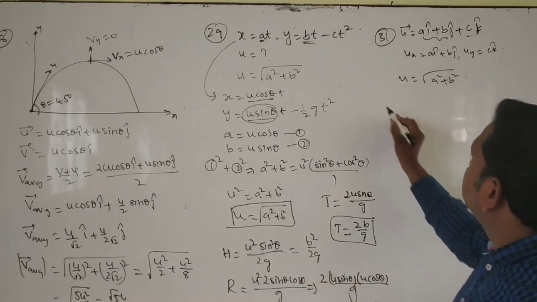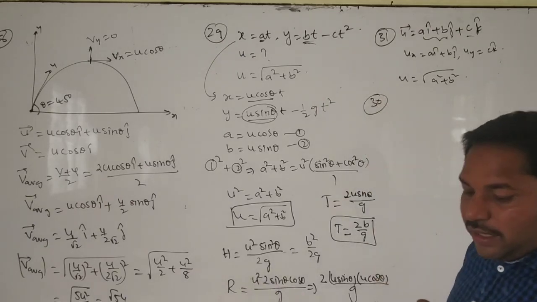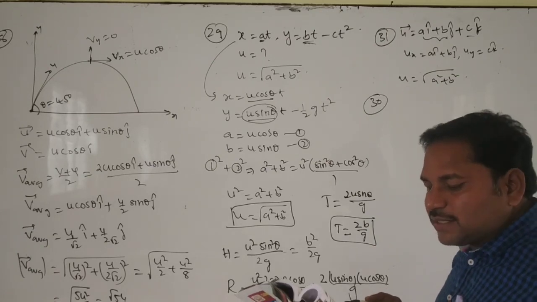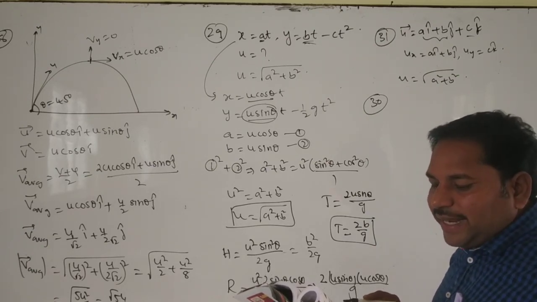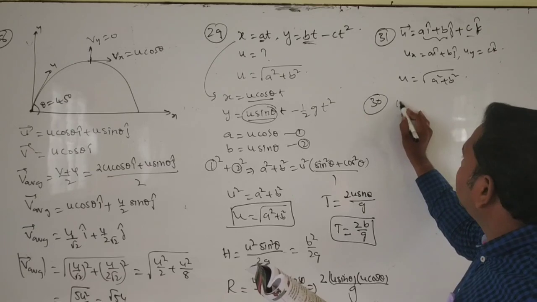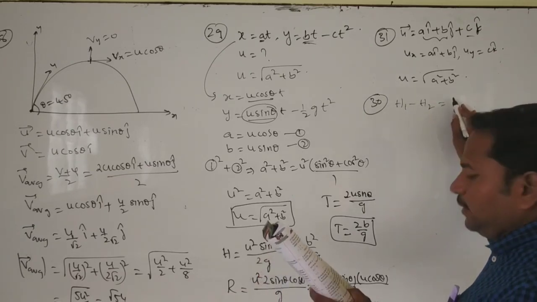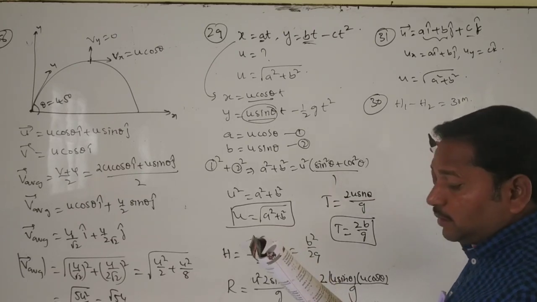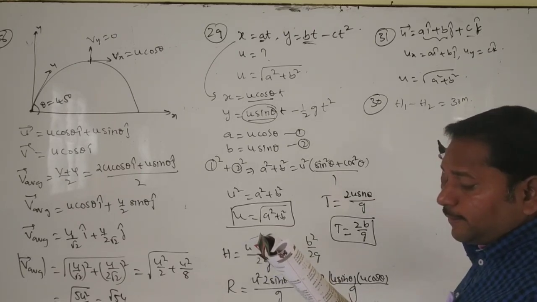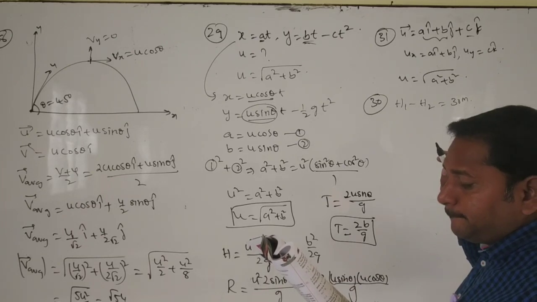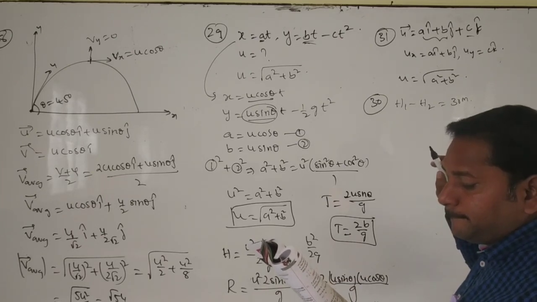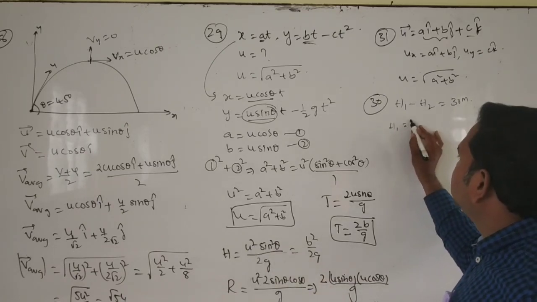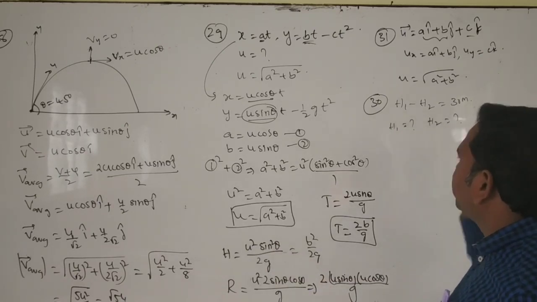Next, question 30. Two projectiles are thrown from the same point with the same velocity, at complementary angles. The difference of heights h1 minus h2 equals 30 meters. What is the maximum height and what is the minimum height we have to find.